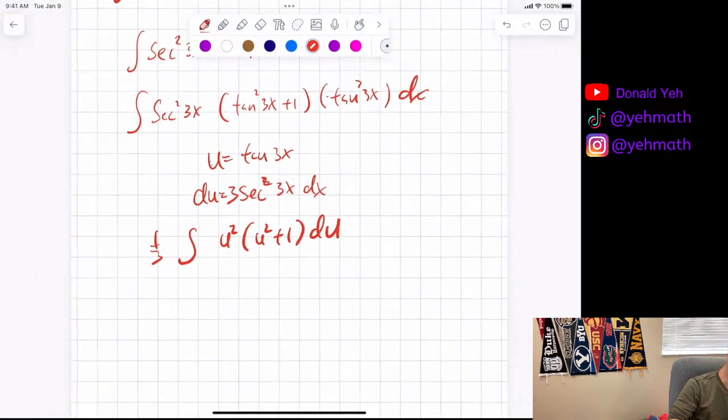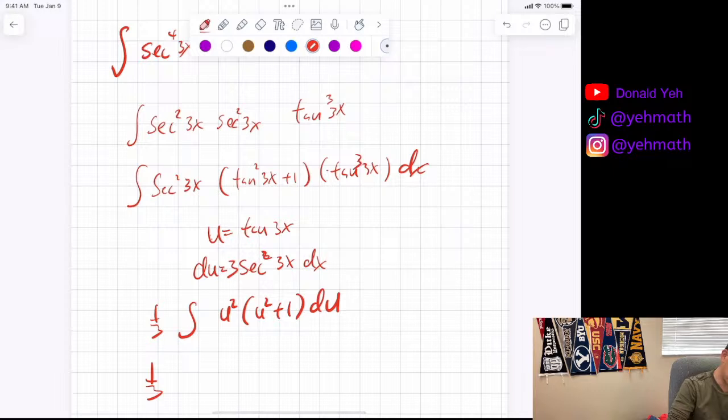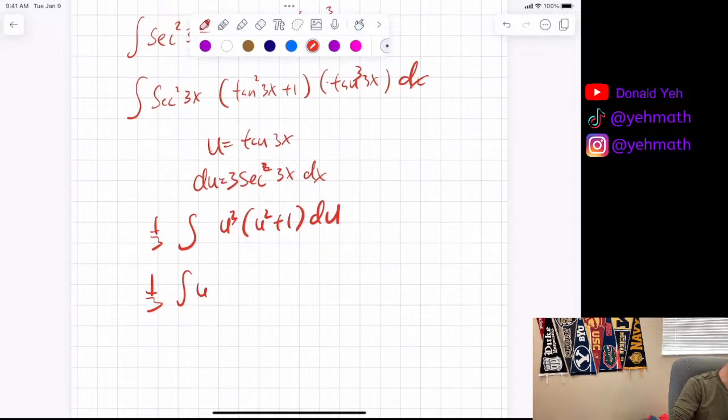Am I doing okay? It was u to the third, sorry. This one is going to be u to the third then. So it'll be u to the fifth plus u to the third du. So u to the 7 over, oh no, I can't count, 6, right?